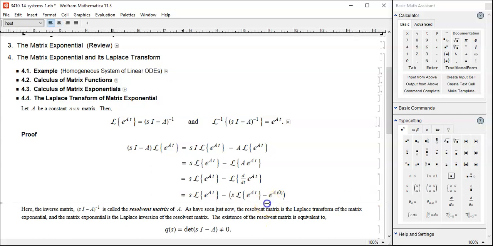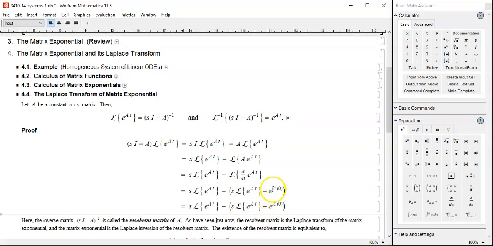Let's simplify a little bit further here. If you plug in t equal to 0, then this entire thing is the 0 matrix, isn't it? And then let's simplify. I can break up this parenthesis. And then this becomes now plus.